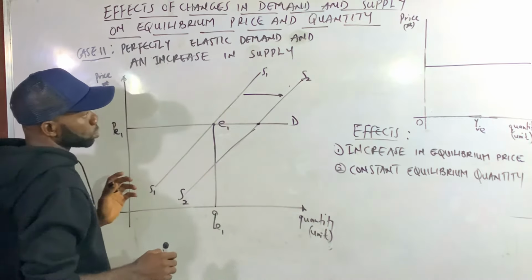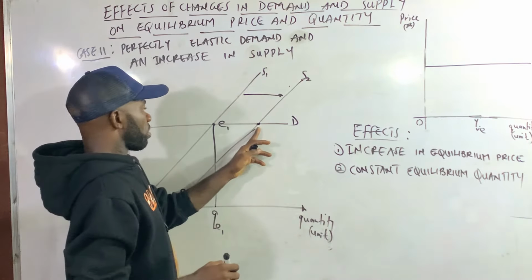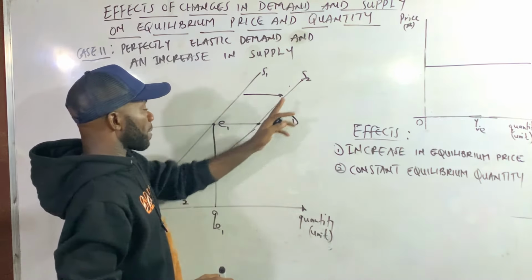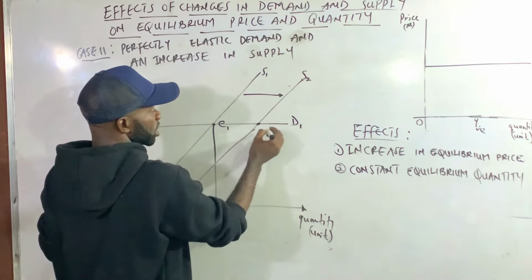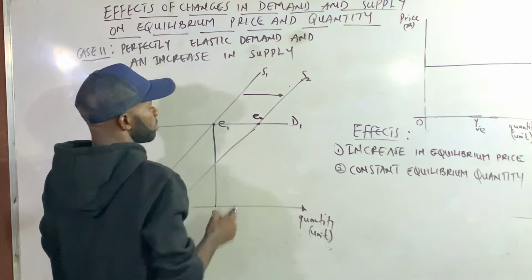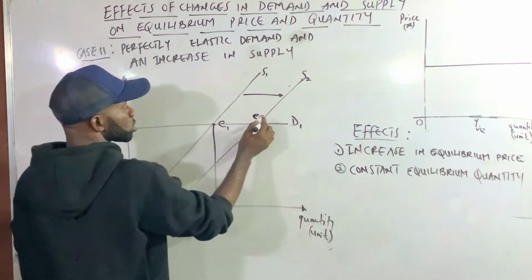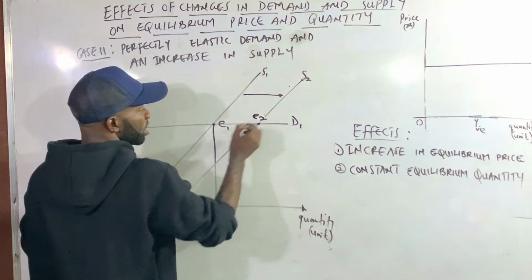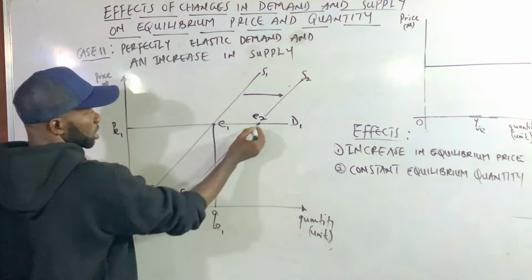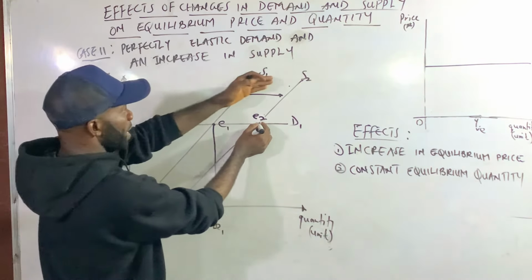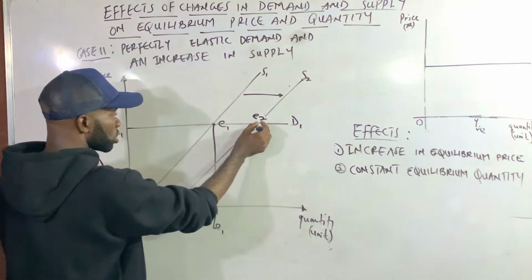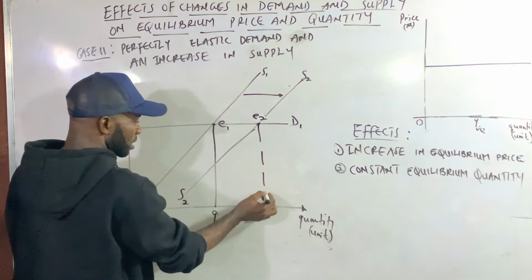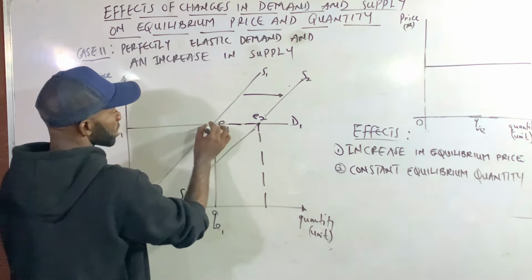This new position from the interaction between the new supply curve and the old demand curve gives us the new equilibrium point. So equilibrium point 2 is established from the new supply curve and the old demand curve. And I will trace it to the quantity axis, trace it to the price axis.